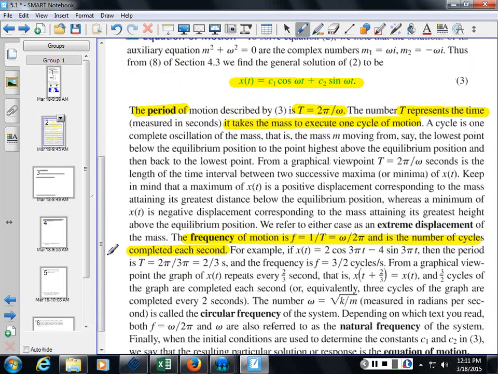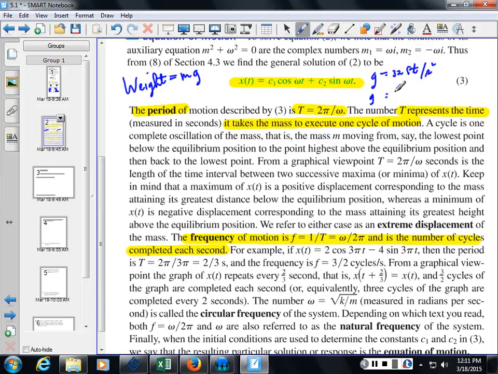Another formula that you need is the weight. He doesn't give it here. The weight is also given as the mass times the acceleration due to gravity. And little g, in the English system, is 32 feet per second squared.